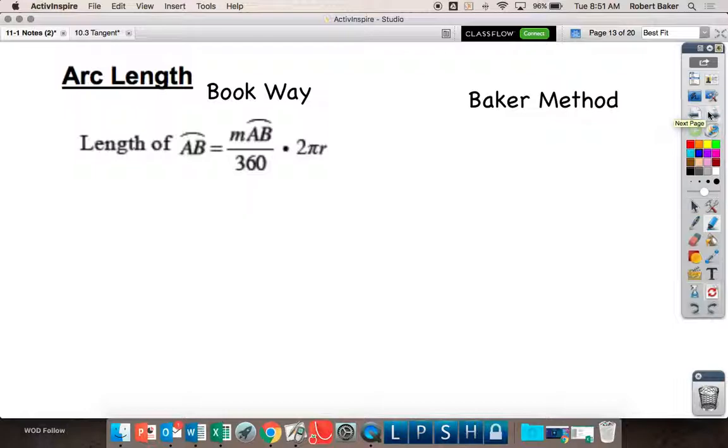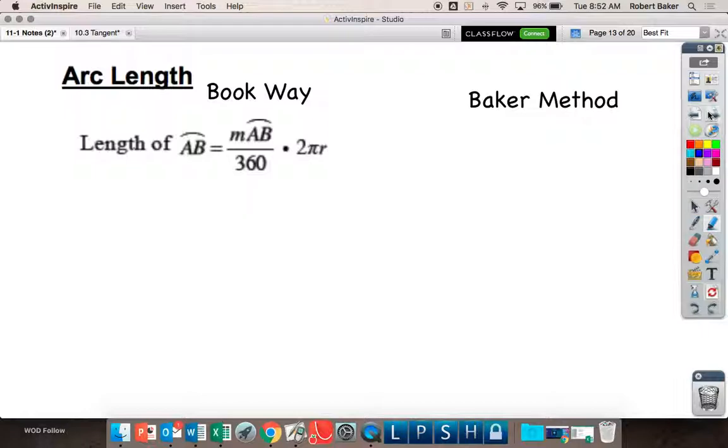So the book says that you can find the length of an arc by doing the measure of the arc over 360 and multiplying by 2 pi r. That's the book way. Allow me to show you Baker's method. Are you ready?